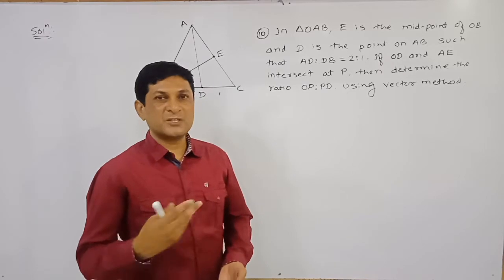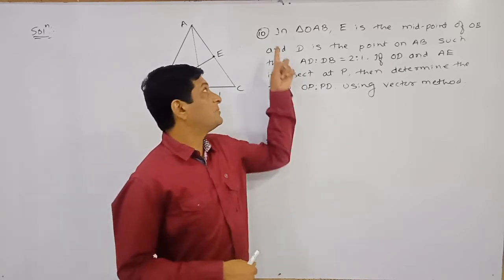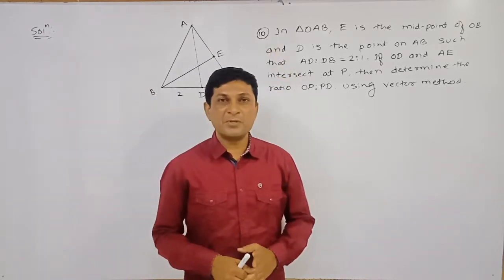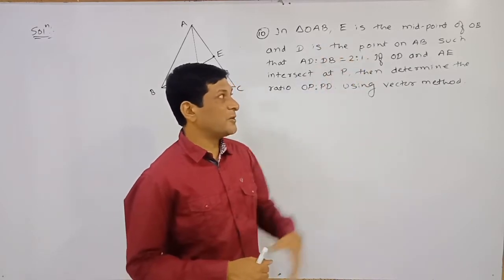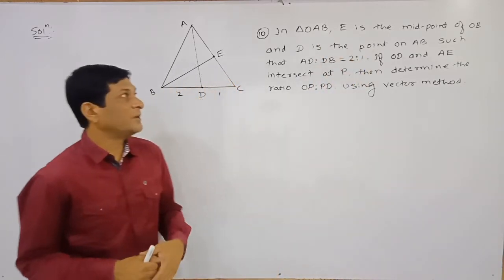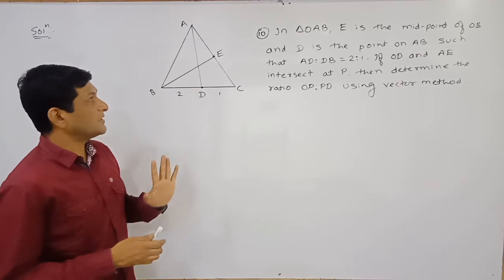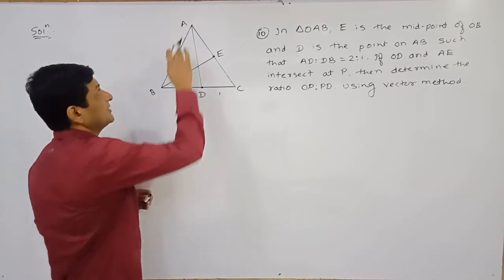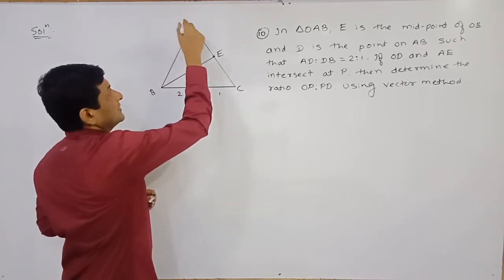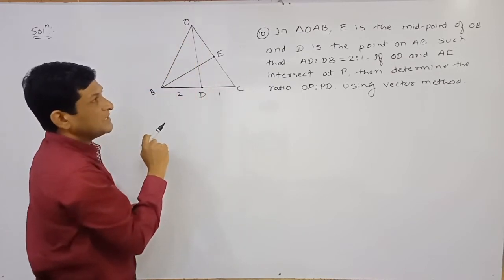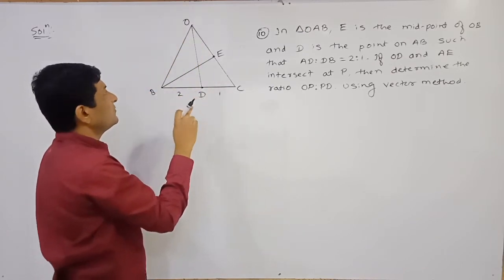Well, now let us try to solve the next example, example number 10. In this example, it is given to us that E is the midpoint of side OB. The triangle is triangle OAB. So E is the midpoint of OB.